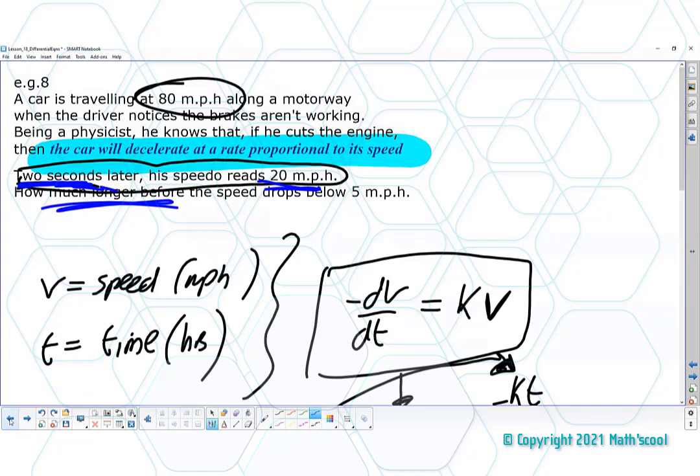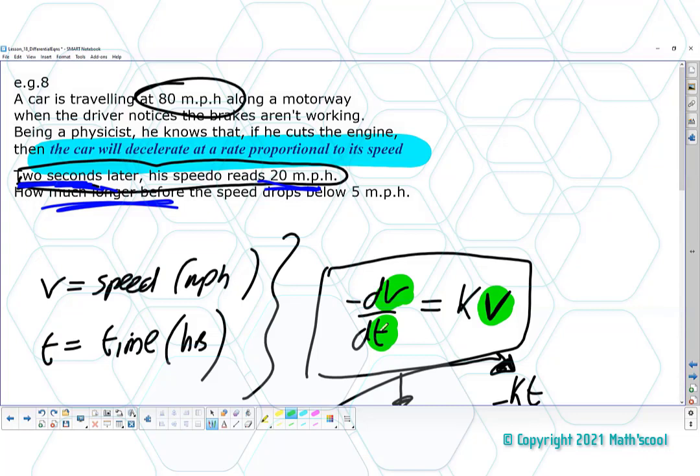When we have this differential equation here, there are 2 things I can say about it. One is that the differential equation only has 2 variables, v and t. There's a k there, but that's not a variable. It's just a constant that I don't yet know, but will shortly discover.